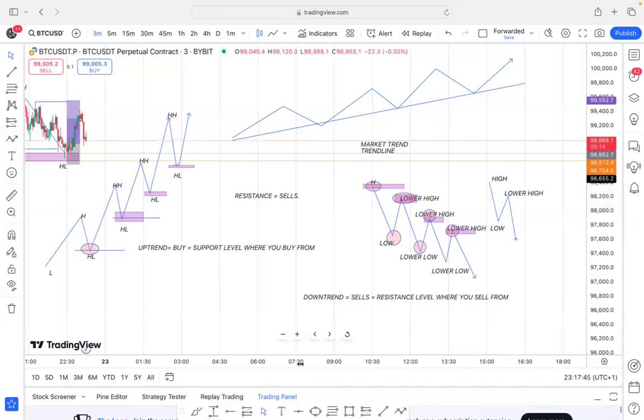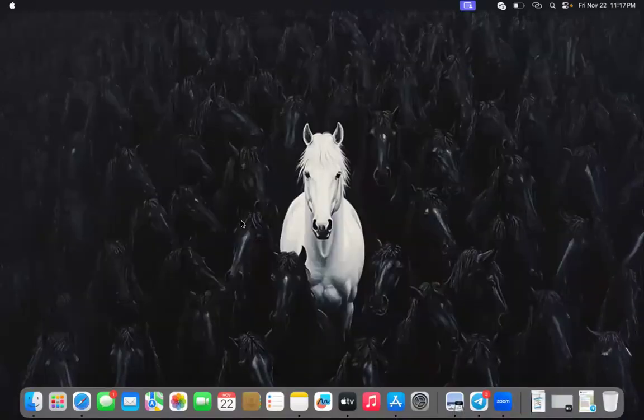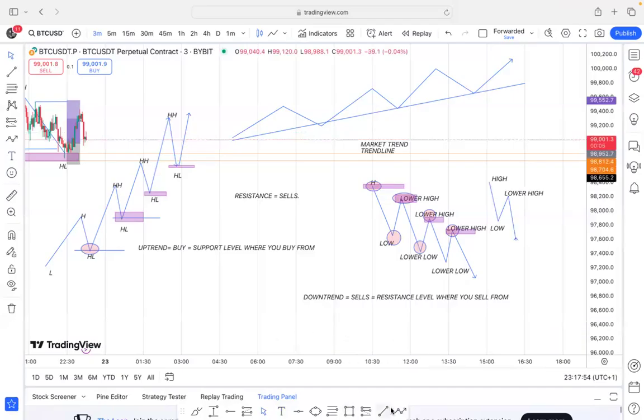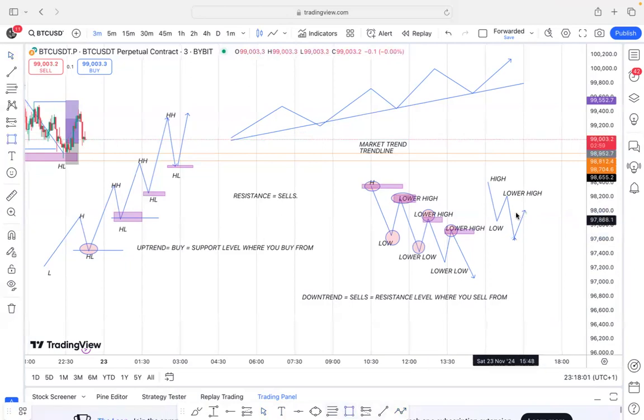So now in a downtrend, we are expecting price will come back from this low here and create a new lower high. This point where price comes back to before we start to look to sell off, where it is going to create a new lower high, is where we are also going to find our resistance zone.